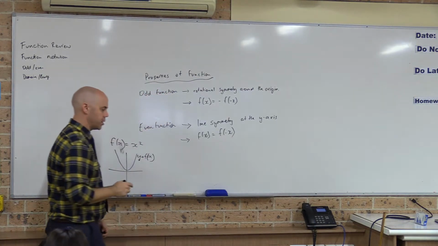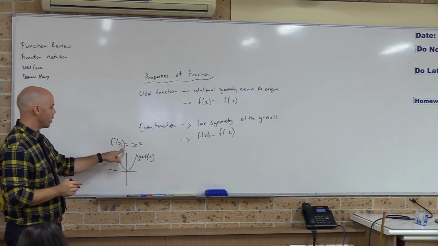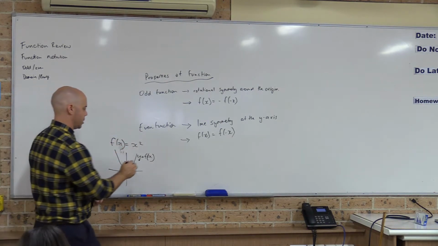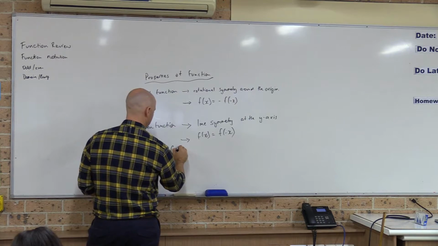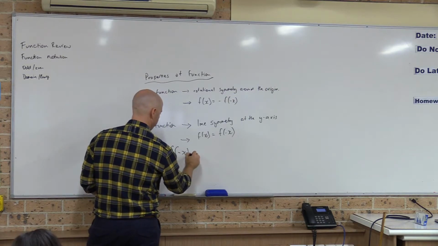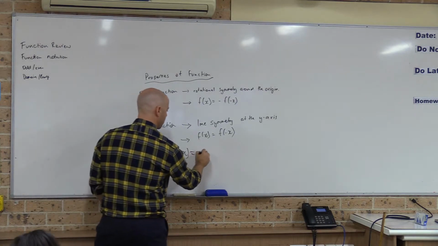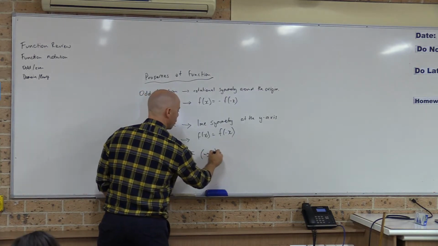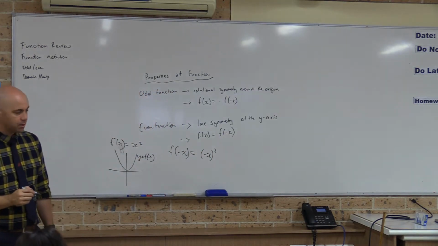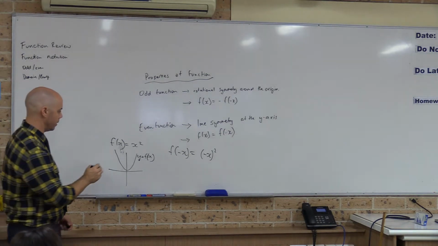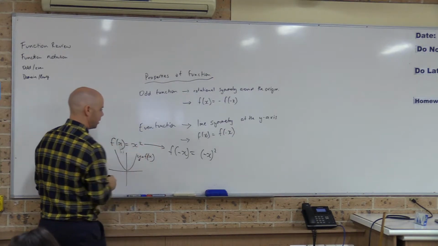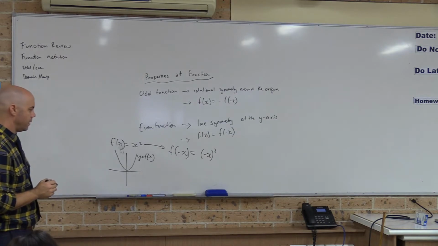Using this function notation, what it says is, well, what if I plug in negative x? What does that equal? Well, as we've seen before, it means we put in negative x wherever there was an x previously. So I'm just putting in here negative x.